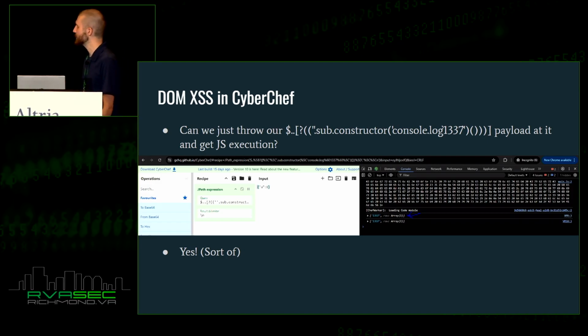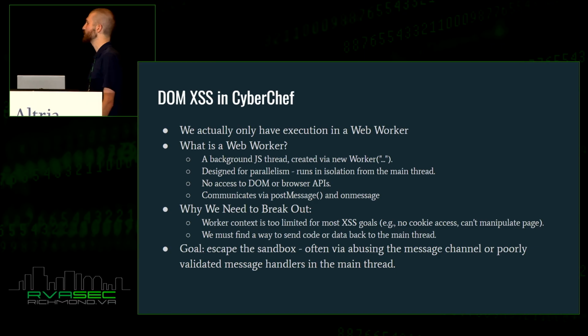Here we see it's processing this JSON path. We see in the JavaScript console that console log leet is running. So it looks good. Unfortunately, we only have execution in a web worker. A web worker is a client-side browser concept, analogous in some ways to a thread.